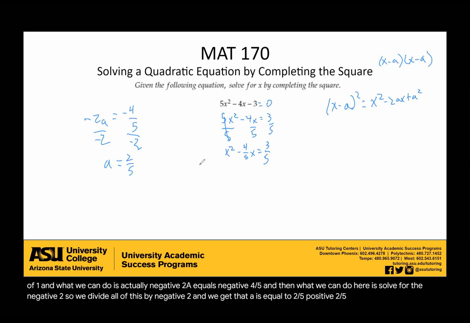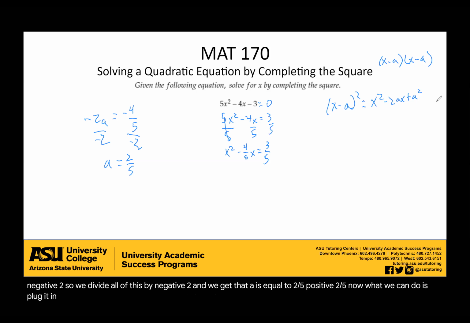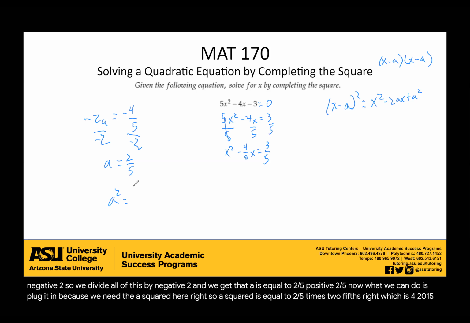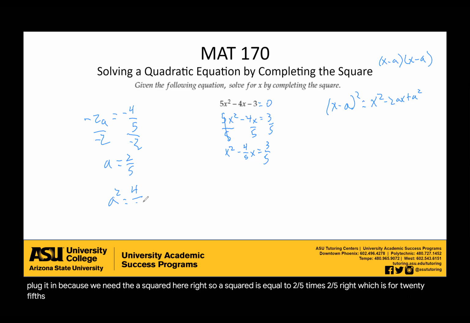Now we can plug it in because we need the a squared here, right? So a squared is equal to 2/5 times 2/5, which is 4/25. Once we do that, we can plug everything back in.